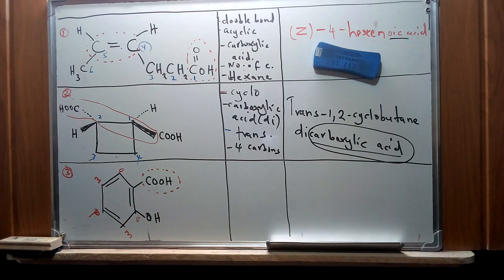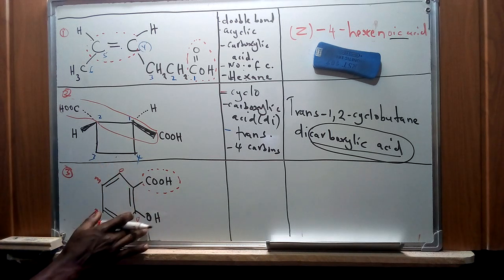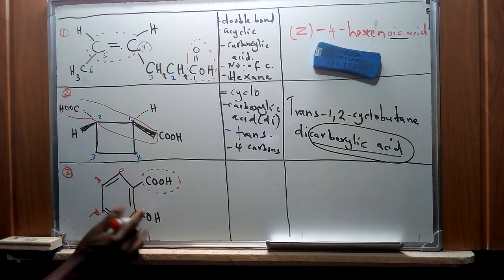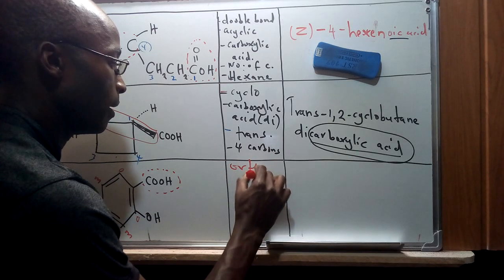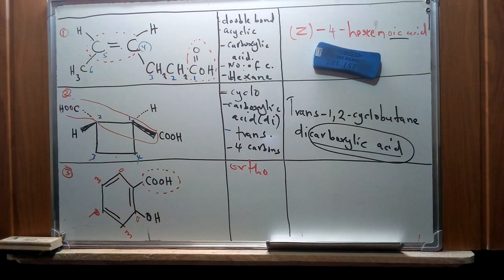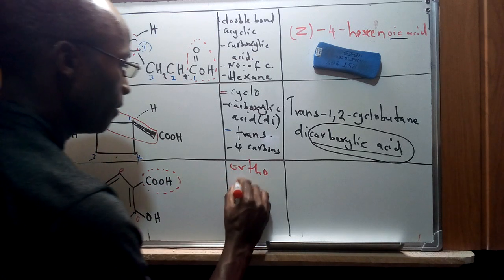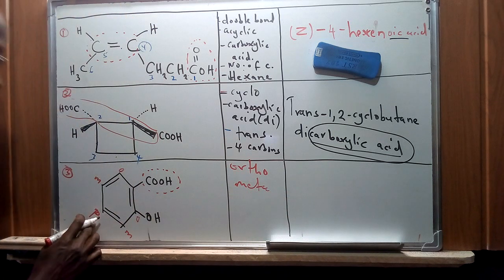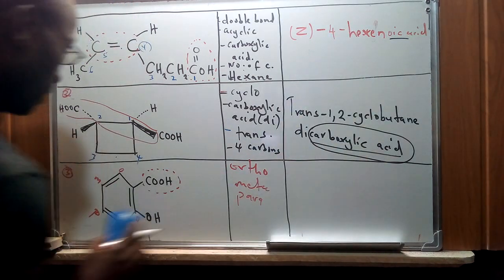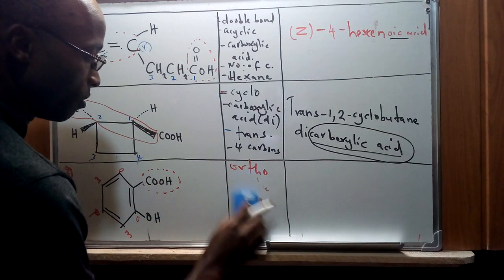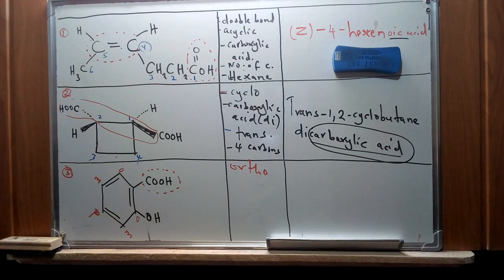Substituents that appear at these points are designated ortho, if they appear at these points we name them meta, and if they appear at this specific point, we name them para. For our case, the substituent appears at the ortho position, so we retain that designation.